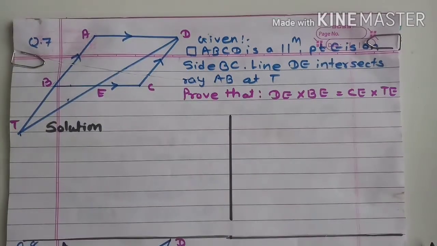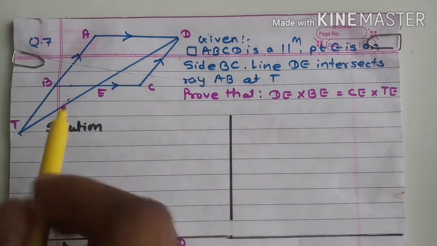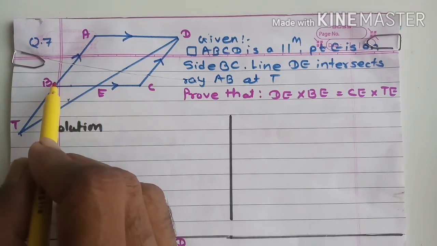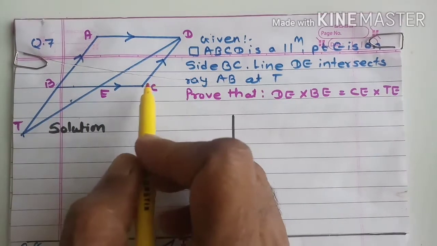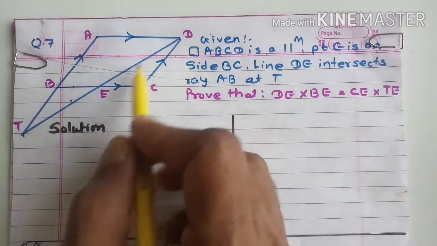Now, with the help of these segments, identify which two triangles are formed. With the help of BE and TE, the triangle formed is BET, and with the help of CE and DE, the triangle formed is ECD.